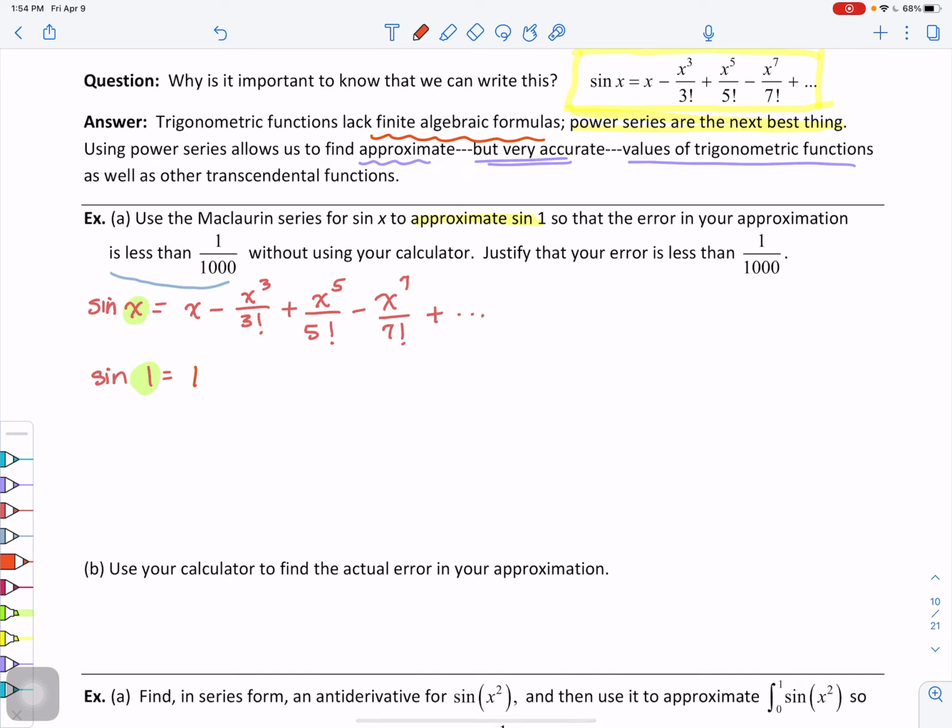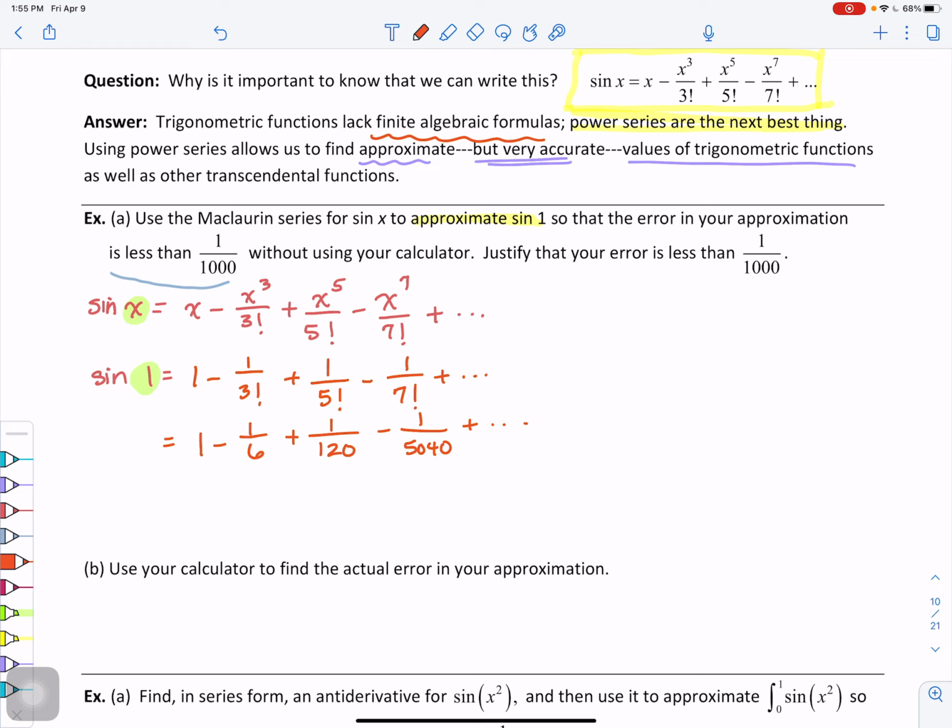So we have 1 minus 1 over 3 factorial plus 1 over 5 factorial minus 1 over 7 factorial, and so forth. Let's simplify that. 1 minus 1/6 plus 1 over 120 minus 1 over 5,040 plus... And we could go ahead and continue on, but let's see where we're at.